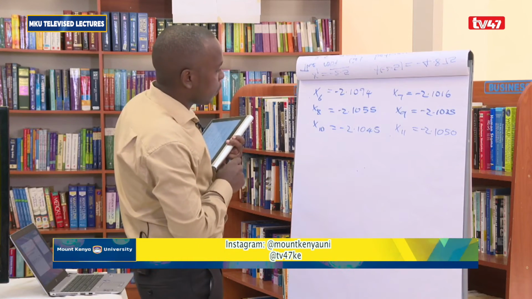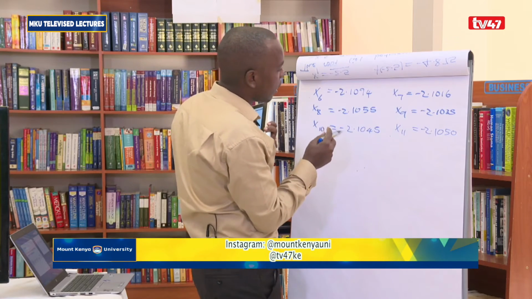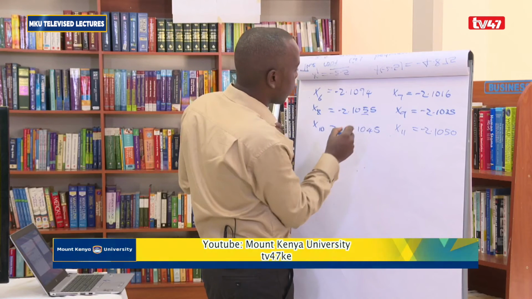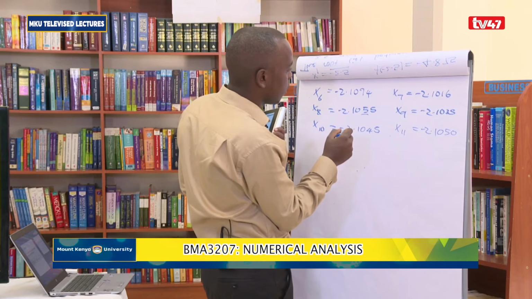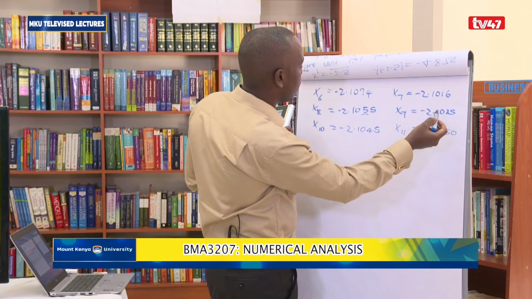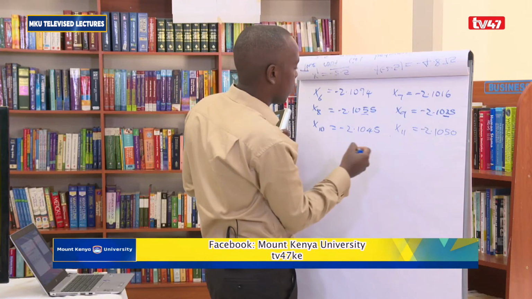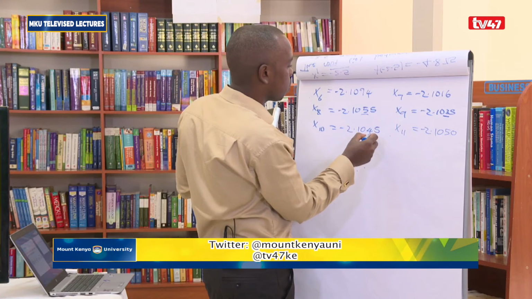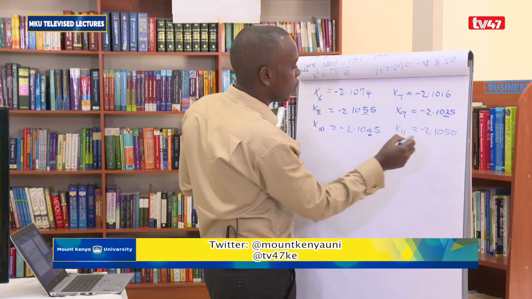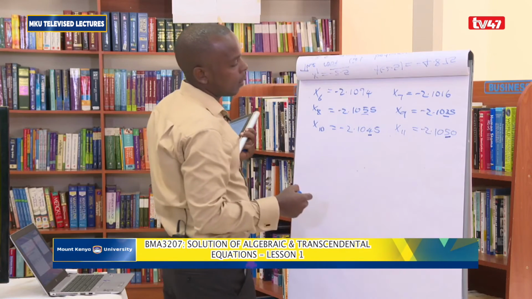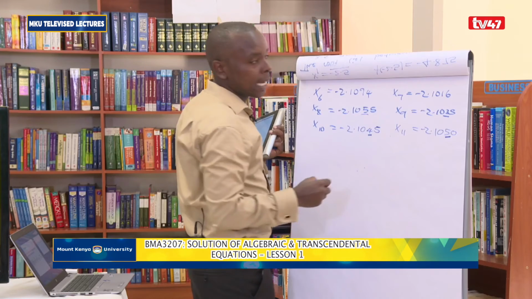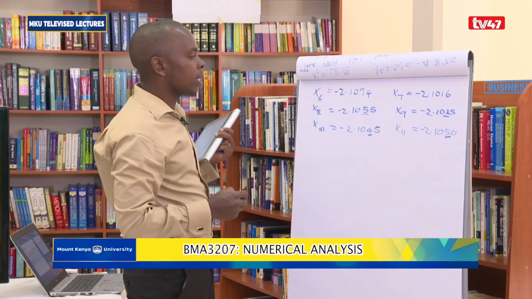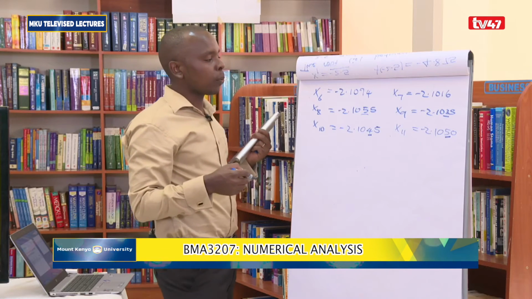So this is what we are supposed to check. Note the third decimal place. Here we have 5, here we have 3, here we have 4, and here you have 5. But normally when finding the value correct to given decimal places, we are supposed to check the corresponding value.